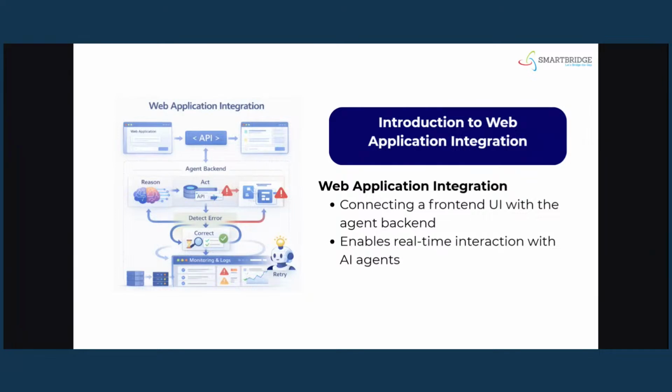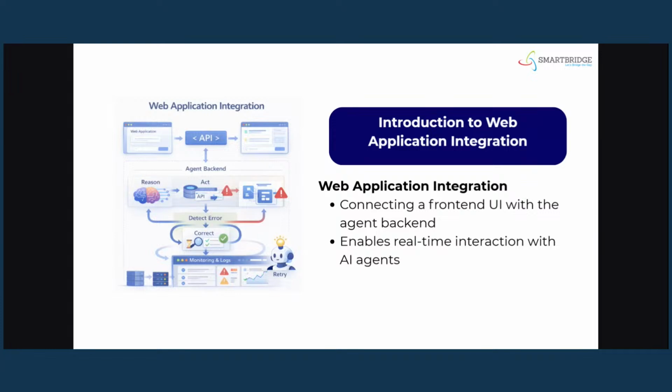Now let's move our focus to how users actually experience agentic AI systems. No matter how smart an AI is internally, it only becomes valuable when people can interact with it easily. This is where web application integration comes in. A web application is the face of the AI system. It is what the user sees, clicks and talks to.